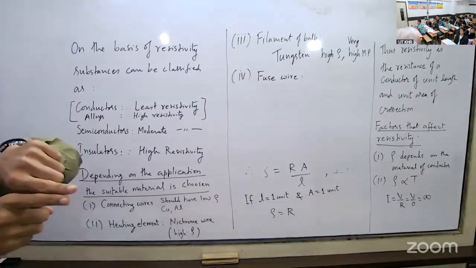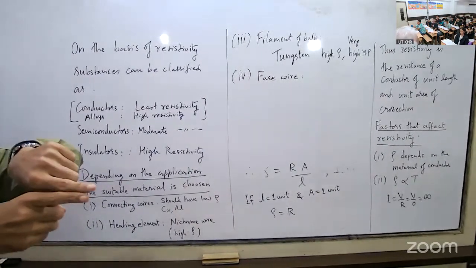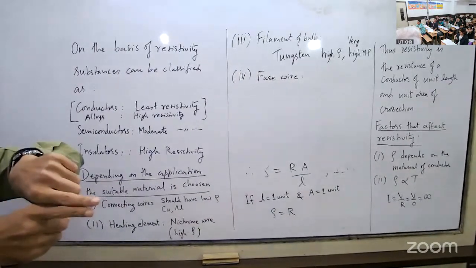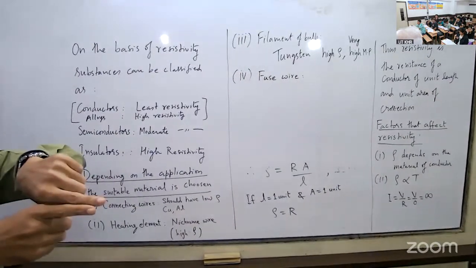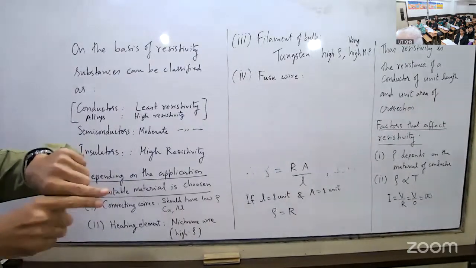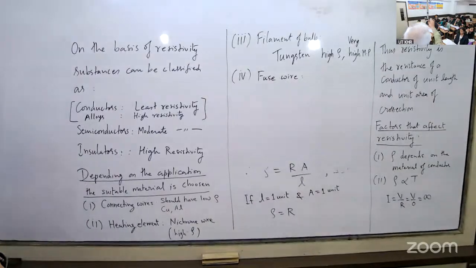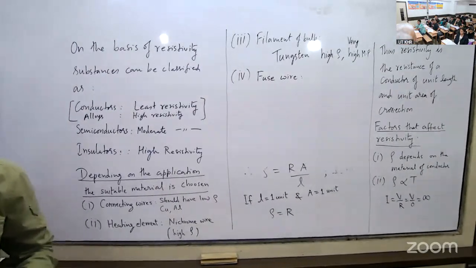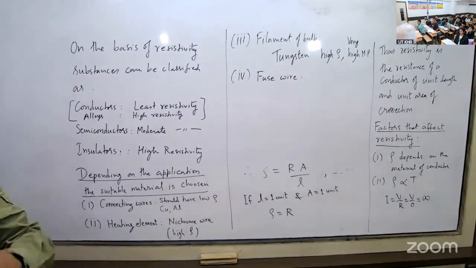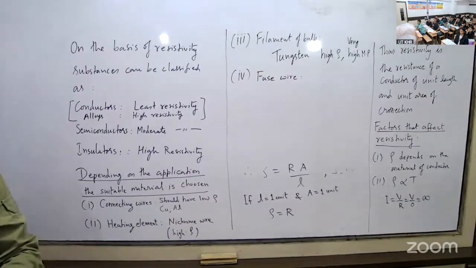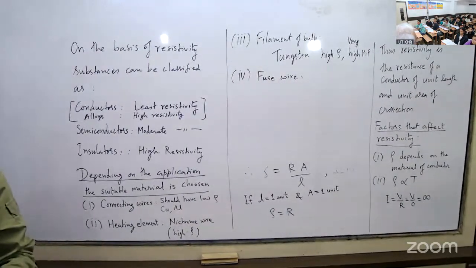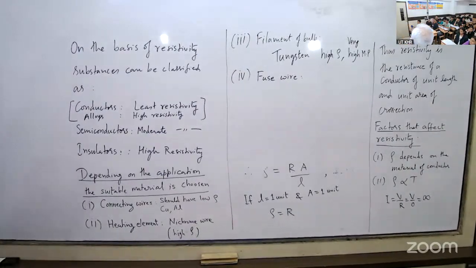You must have heard in the news that a fire outbreak took place in an old building due to short circuit. This is the reason. The live and neutral come in contact accidentally due to peeling off of insulation. That's why one should replace the wires after 10 to 15 years. That's the life, at least after 10 years.